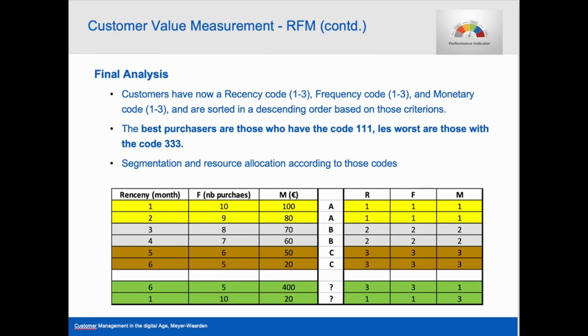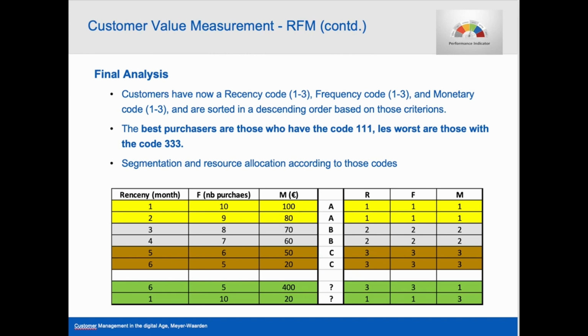So this means that you have segmented them in 3 groups, and you can allocate resources to them according to these codes. In priority, you will invest resources in the 111 platinum customers. You will invest less money, an average amount, in your silver customers, the 222. And you will invest no resources in your worst customers, the 333 customers, which means customers who did not buy recently, so they are inactive.